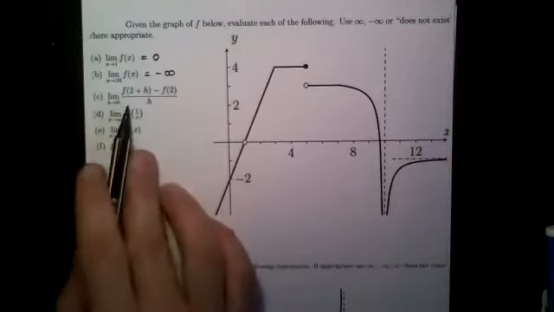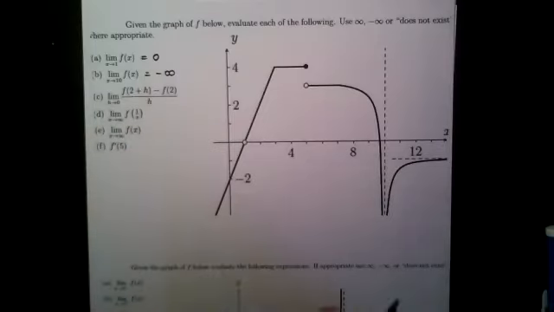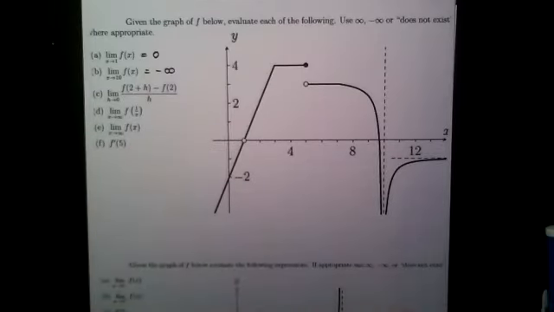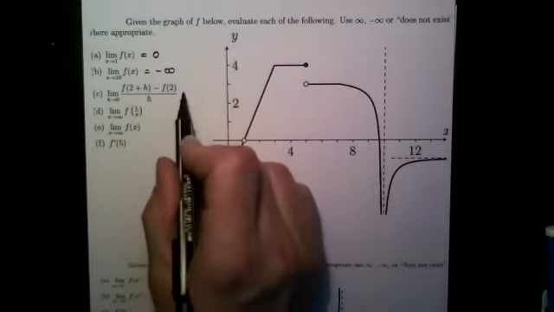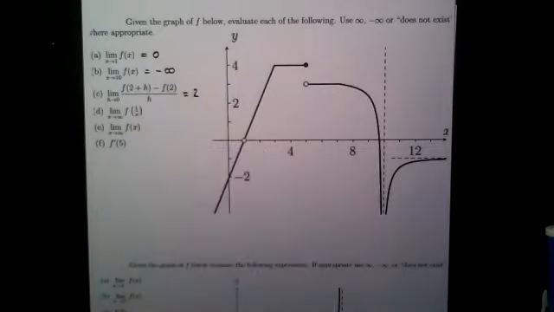Limit as h approaches 0 of f of 2 plus h minus f of 2, over h. What is it? 2 is good. Perfect. Do you understand this one? It's just the slope. Everybody is clear with this?